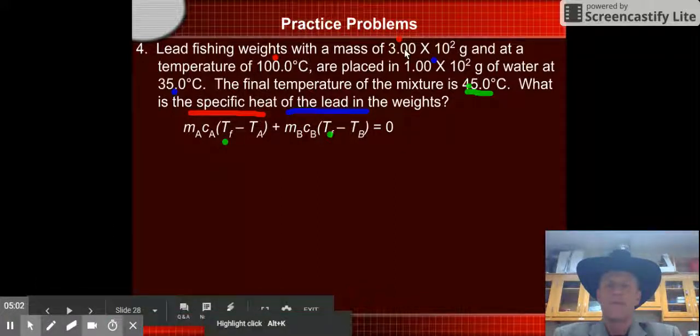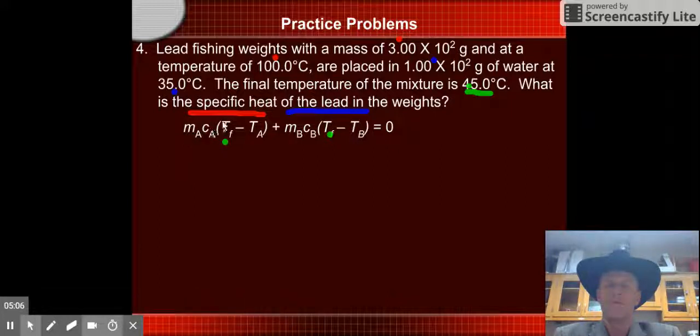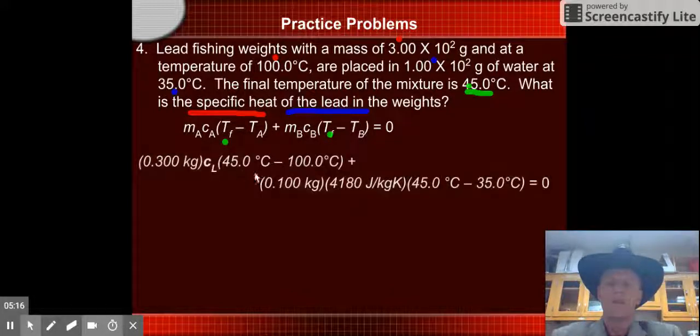So we have 0.3 times unknown, times final temperature 45 minus the beginning temperature of the lead, which is red. It's 100 degrees. So get your data in there correctly. That's going to be the hardest thing.